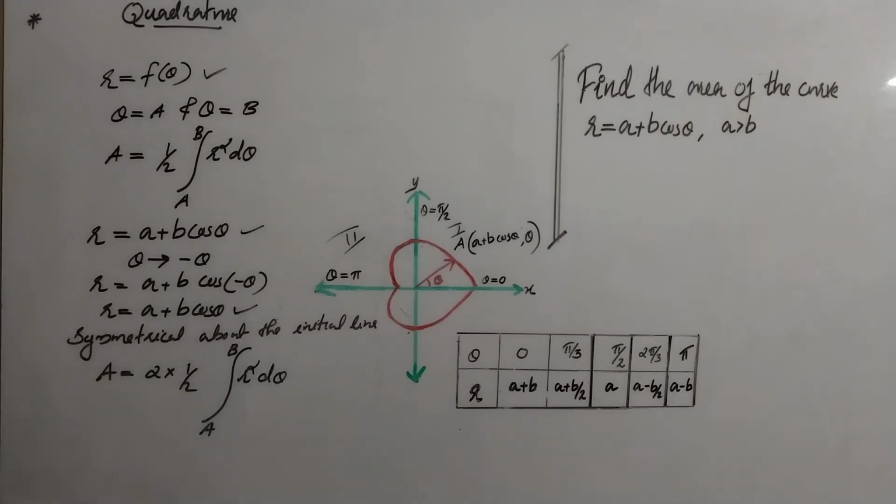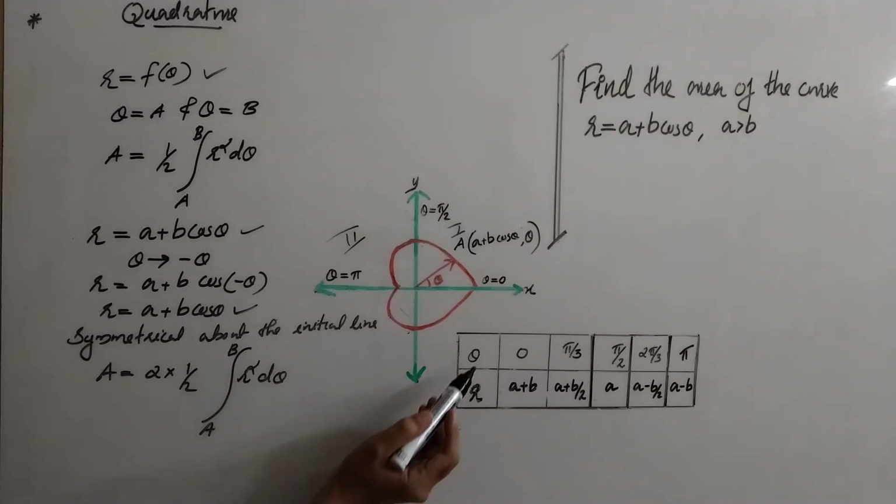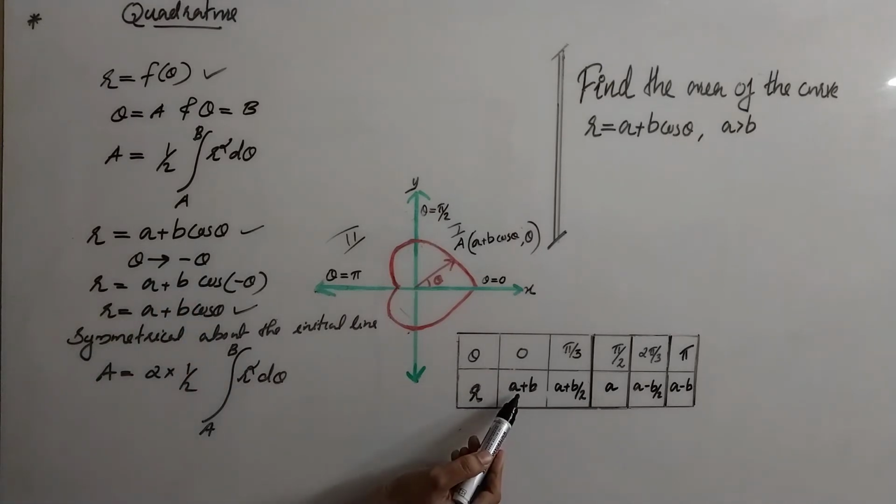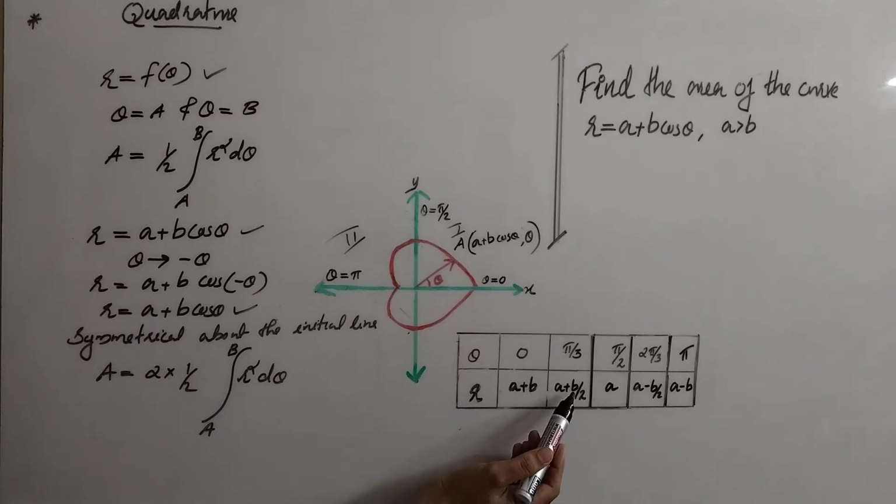Here, to draw this curve, just put some values for theta. When theta is equal to 0, cos 0 is 1, then the value of r is a + b. If theta is equal to pi by 3, cos pi by 3 is 1 by 2, then r is a + b by 2.